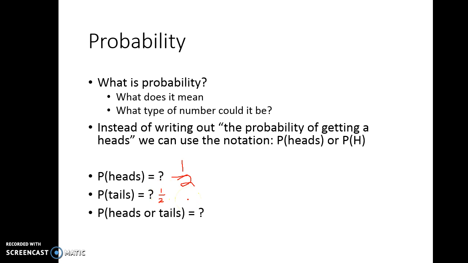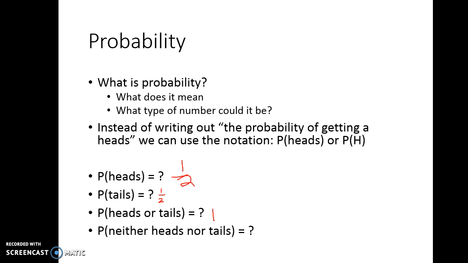If we thought about the probability of getting heads or tails, well, we kind of already talked about that. It would be the probability of getting either a head or a tail, which is something that's always going to happen. We're going to ignore the fact that maybe if you're really lucky, you could get it to land on its side. So the probability of getting a heads or a tails would just be 1.